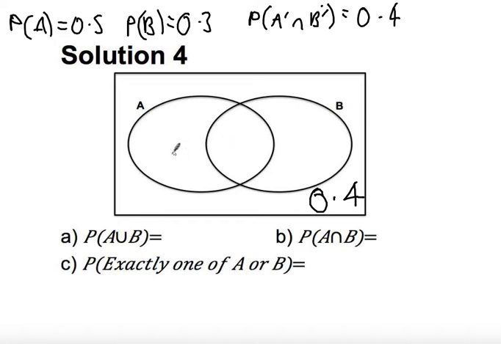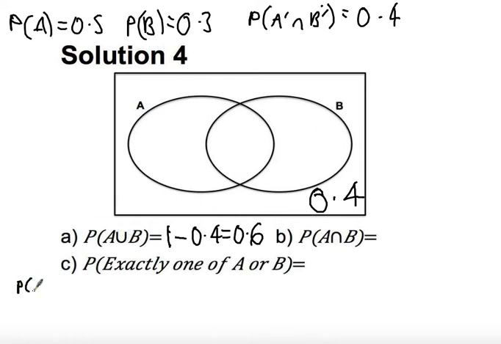A union B are these 3 remaining sections here. What I know is if I add these 3 sections with this section here, it should be equal to 1. So A union B will be 1 minus 0.4, which equals 0.6. Now while that might not seem particularly helpful, because I still don't know how it's distributed between those 3 regions, what I can do is now use the addition law.